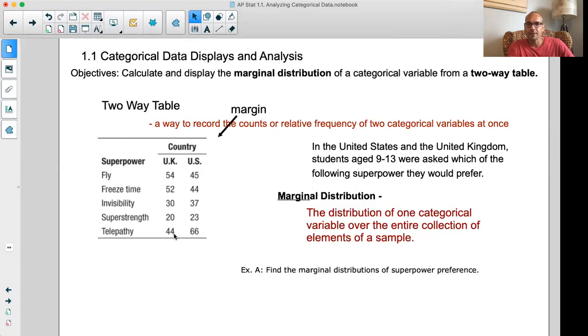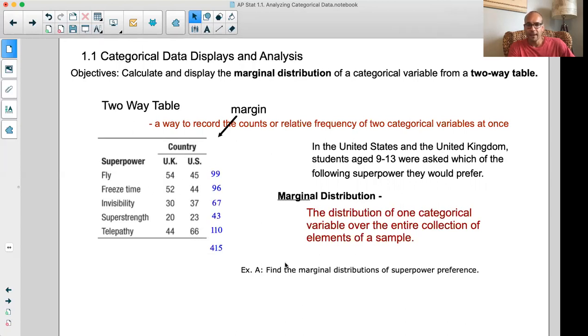They mean the margin, like if you have a page of paper and there's blank space to one side or the other of the writing, that's the margin. The indication there is if you are doing a marginal distribution, you're going to need totals, and this is a good place to put your totals, in the margin.